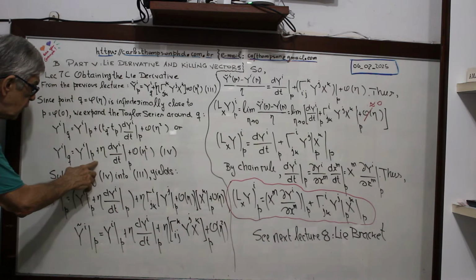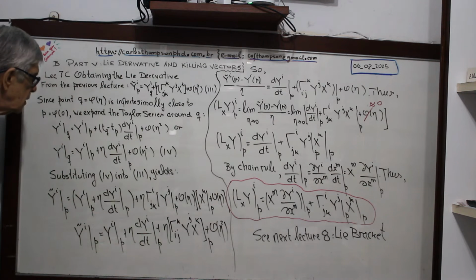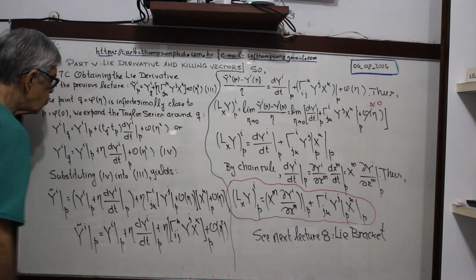P you can compare to x naught, and q you can compare to x. So this is equation 4.